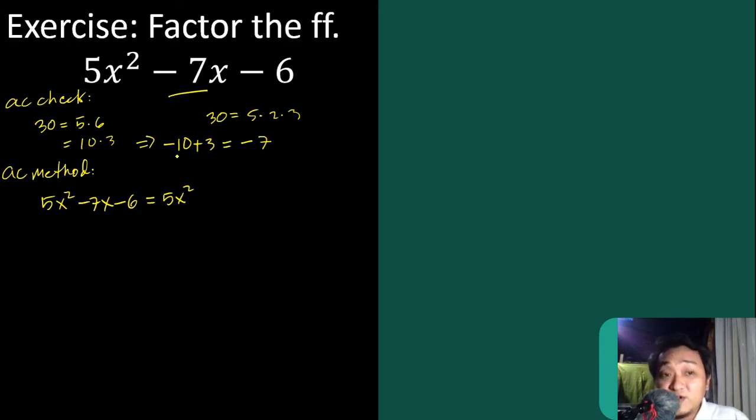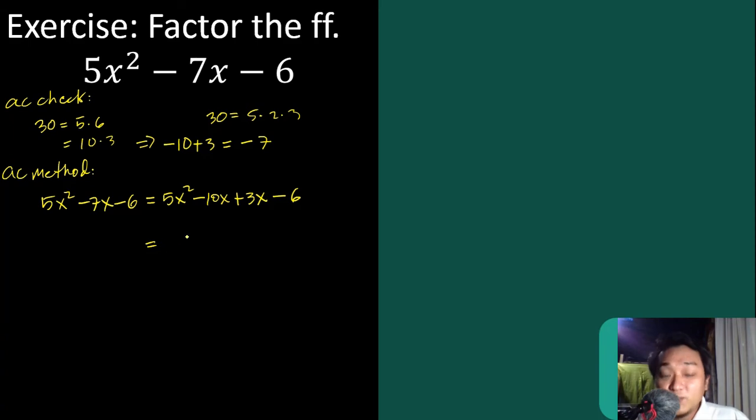We will make use of this negative 10 and positive 3 taken from 30. So that would be negative 10x plus 3x. Then copy negative 6. Again, always double check if the expanded form gives the middle term. So negative 10x plus 3x is actually negative 7x.